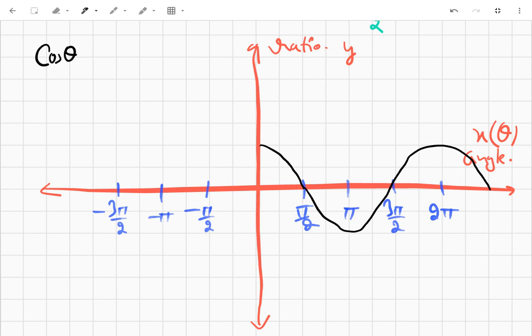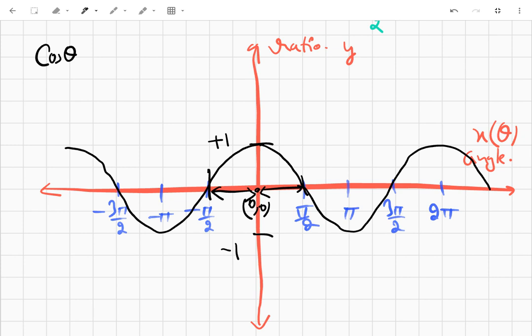Okay, like this. And similarly in this direction. So this point is positive 1, and this is negative 1, right? Yeah, so this is cos theta, positive in first and fourth quadrant. This is 0 origin, so this basically represents the first quadrant and this is the fourth quadrant. Okay, so this is cos theta.